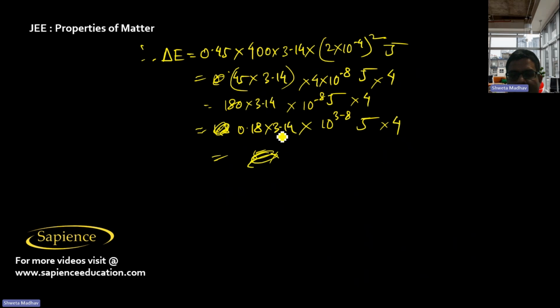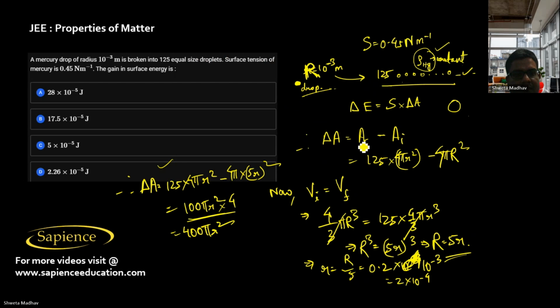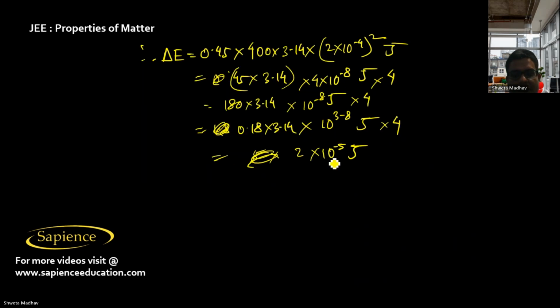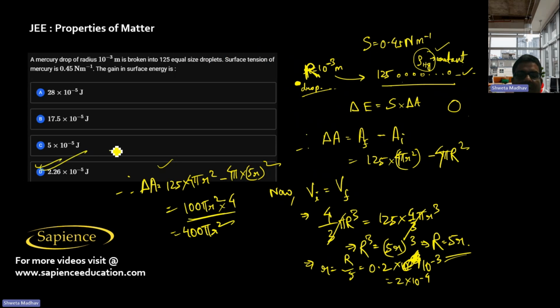So approximately it is 2 into 10 power minus 5 joule, approximately 2.26. So 0.72 into 3.14 will be approximately 2.26 into 10 power minus 5 joule. So option D is the correct answer.